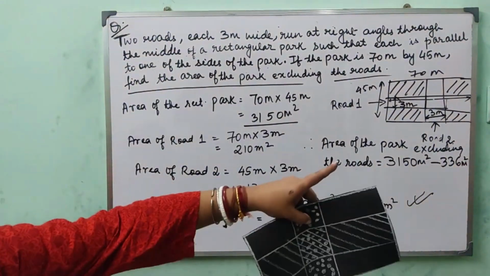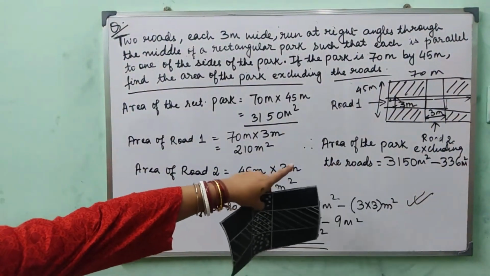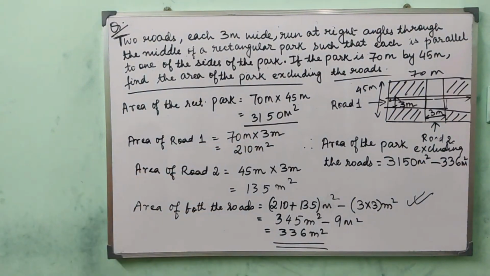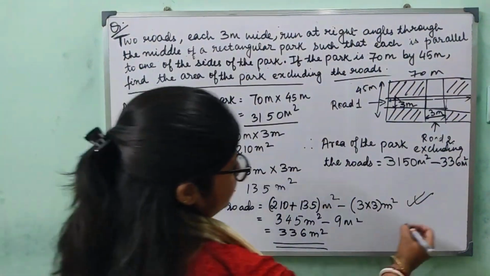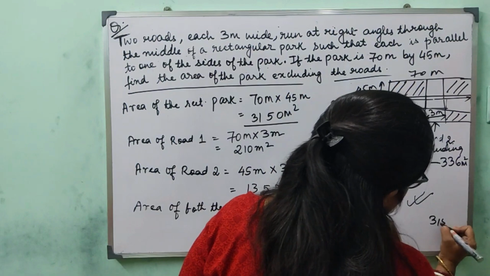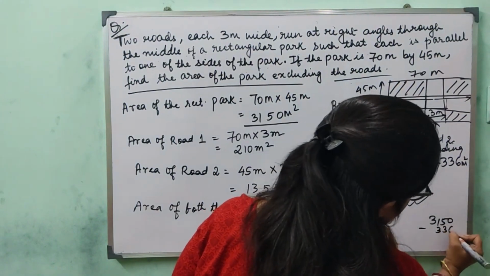So we are finding the difference of the areas, 3150 meter square minus 336 meter square, that is equal to 3150 minus 336.